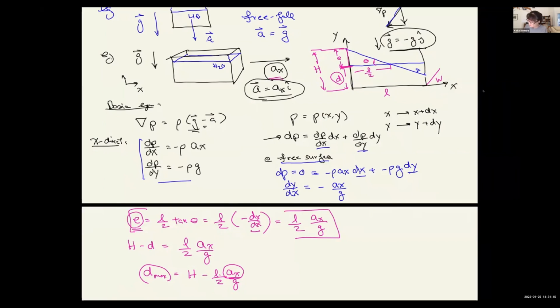So if you have the width of the tank, W, and then the long length, L, and this is the simple equation to evaluate this distance here, you'd want to, for a given acceleration and gravity, minimize this dimension.